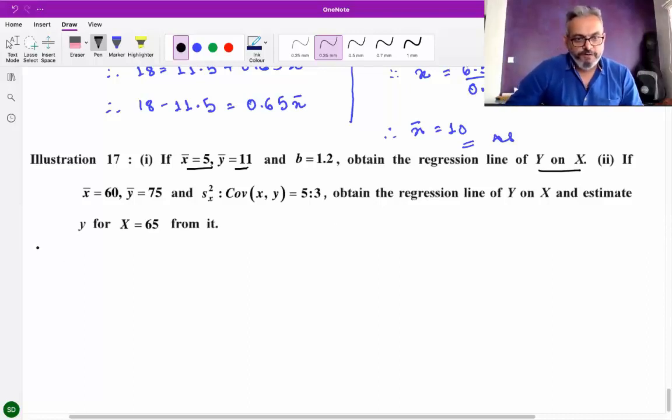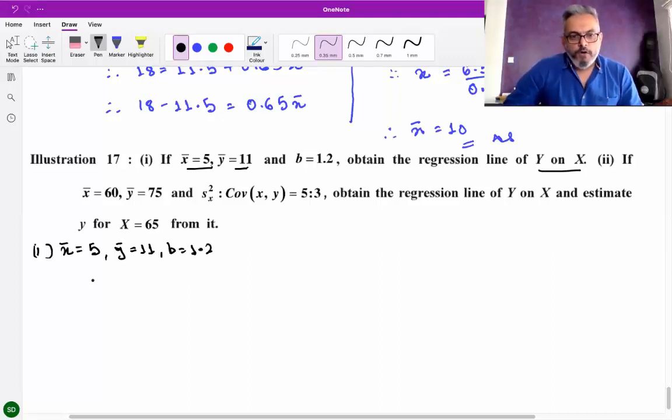So first one first, x bar is equal to 5, y bar is equal to 11, b is equal to 1.2, obtain the regression line.